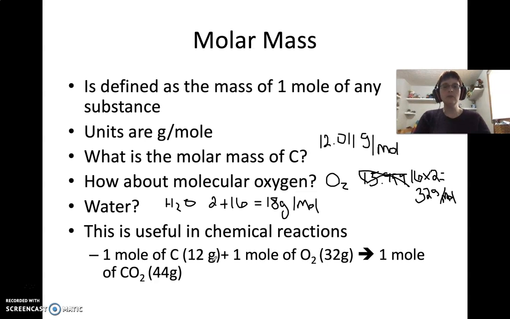As I pointed out in another video, you've got 44 grams on the product side and 12 plus 32 on the reactant side. They equal.